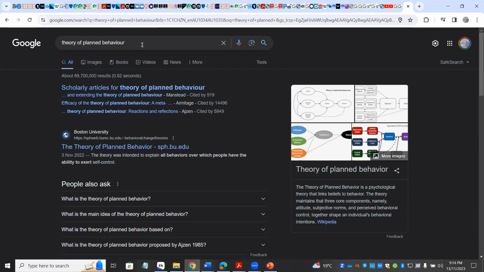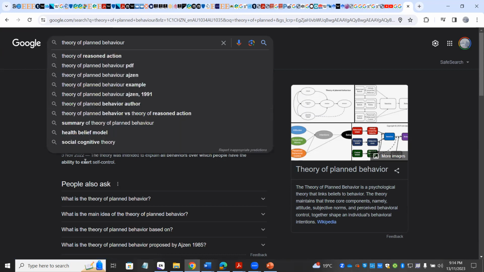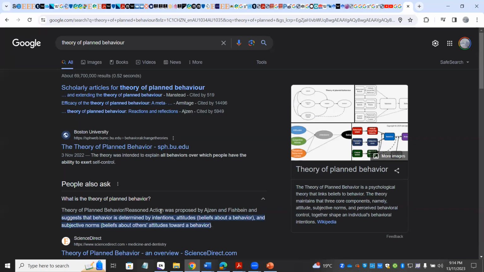Many of you, I think, have come across something like that, or have used it in your studies before. This theory has already been established by the larger scientific community, and it explains the way things are done in terms of behavioral changes and all that.